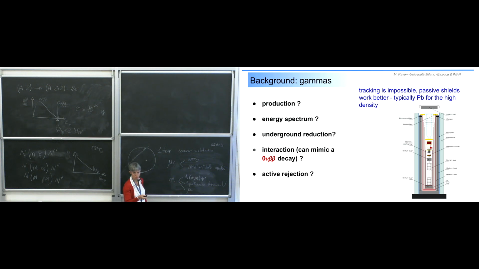It's not easy to track them. You can use a passive shield or a very large volume shield where they can interact and deposit energy, or an active shield like a Cherenkov detector. And you can use lead, for example. Again, this is the case of the cryostat.